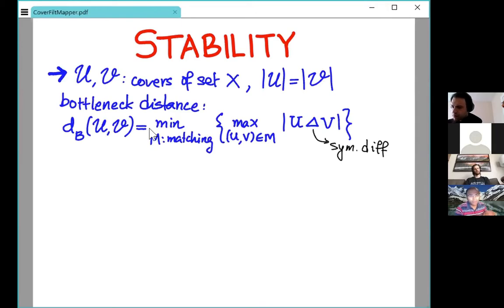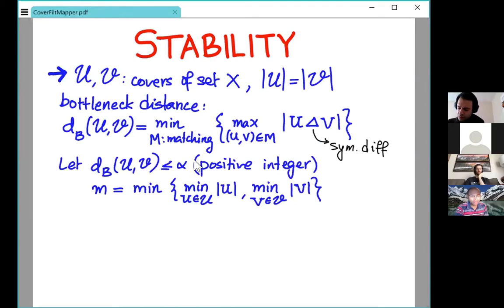And we use the bottleneck distance between the two covers. That is a matching distance, essentially the symmetric difference of any two elements, one from each cover, that are matched in a matching. I want to minimize over all matchings the maximum symmetric difference size over all matches. That's the bottleneck distance.